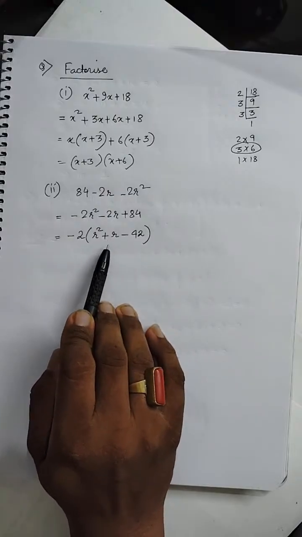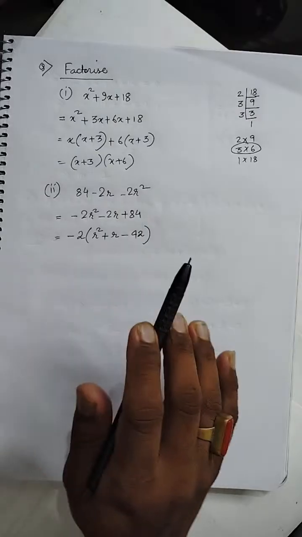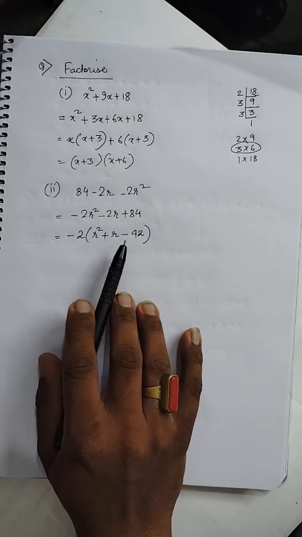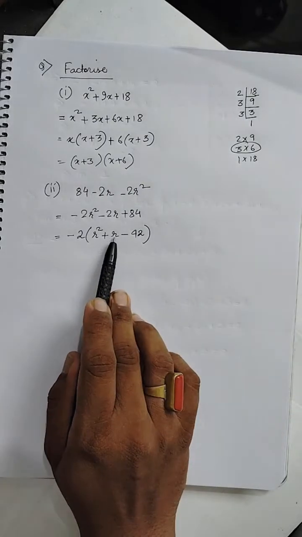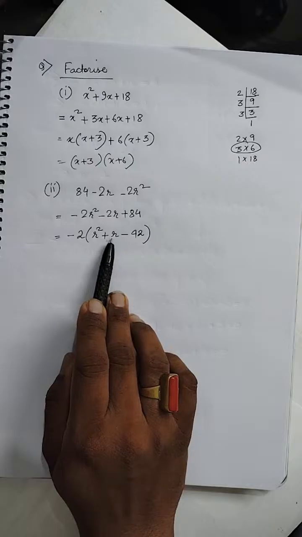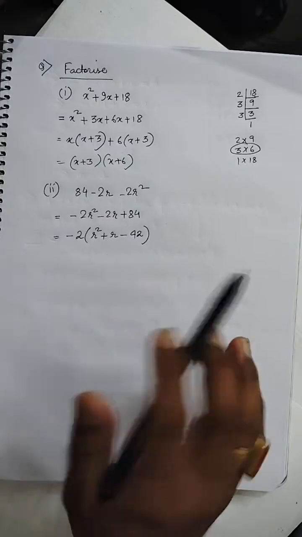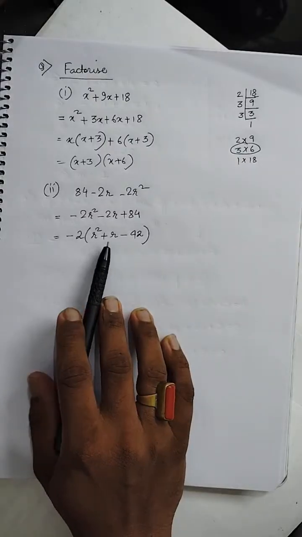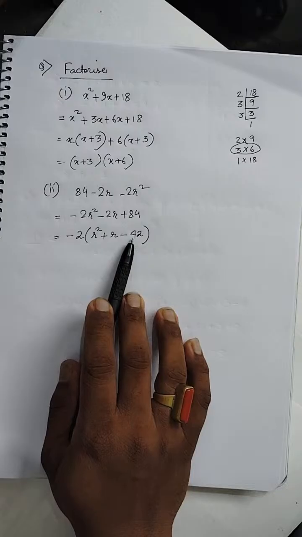So we have to split the middle term in such a way that on adding we must get 1. Why 1? Because r does not have a coefficient, so we will assume its coefficient is 1. So we have to find two factors such that the sum is plus 1 and the product is minus 42.